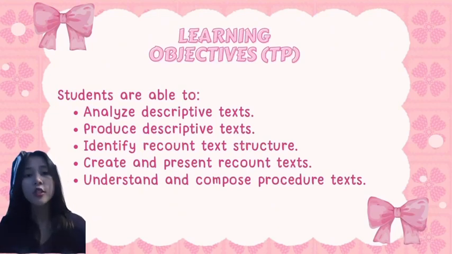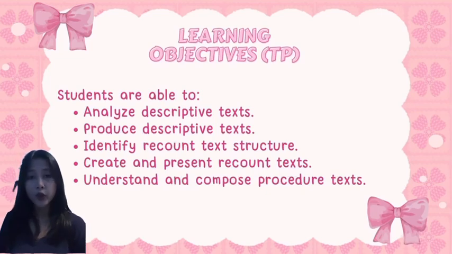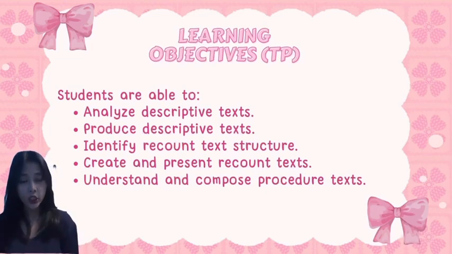In addition, students learn to identify the structure of the recount, write the recount based on personal experiences, and present them orally. Students are also expected to understand and compose procedural text using appropriate language and organization. This objective helps students improve both their understanding and production of English.